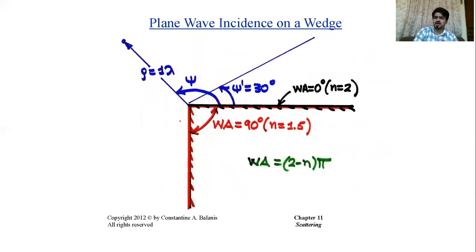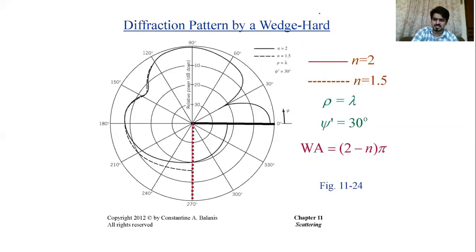Now again we can also consider hard polarization. So this is the geometry, and for the hard polarization, as we know, now your H field is parallel to the edge, meaning that the E field is going to be perpendicular to the edge of your wedge in the XY plane in our case.